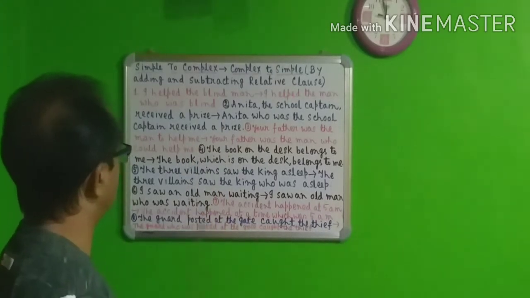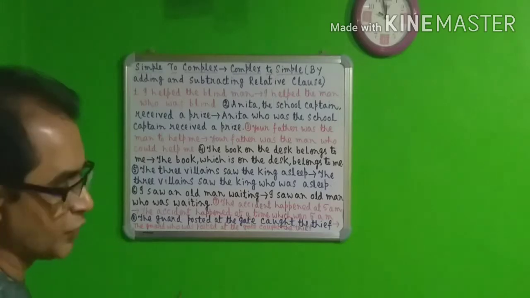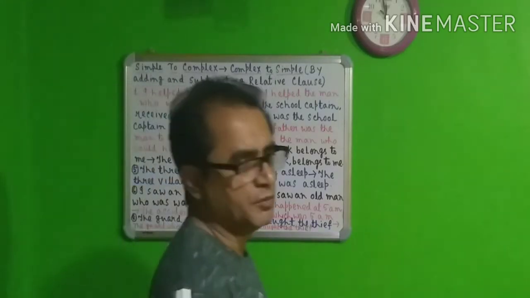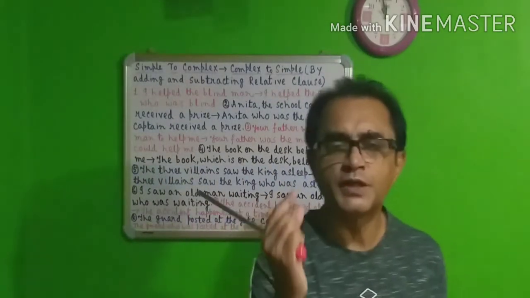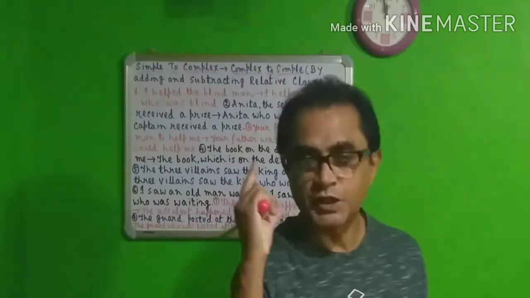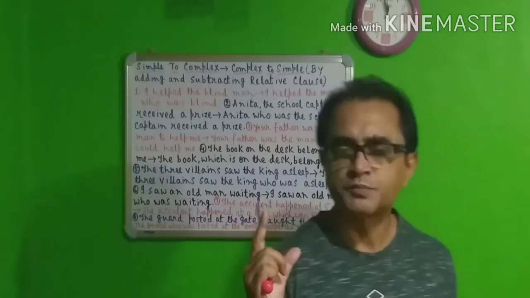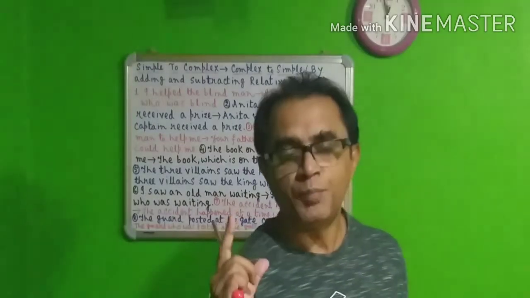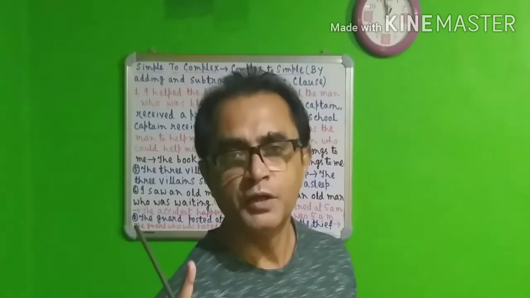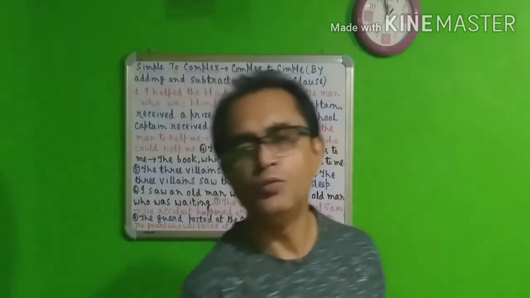Now the question comes: why is it called a relative clause and an adjective clause? What is the role of an adjective? An adjective qualifies a noun or pronoun. An adjective clause is a subordinate clause. It cannot express its meaning individually, but still it will do the same work. It will qualify a noun or pronoun.